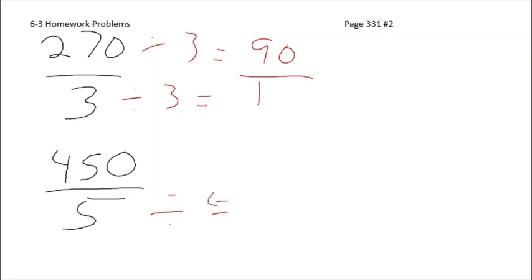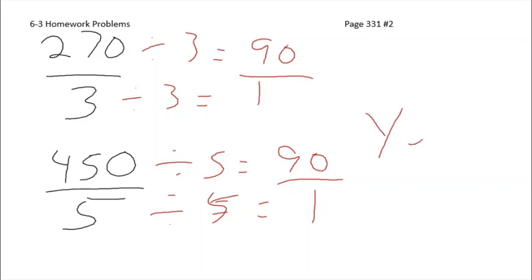Sorry, divide 5 by 5 equals 1. Sorry for the mess. Then we'll divide 450 by 5, and that will get us 90. So yes, these two are proportional.